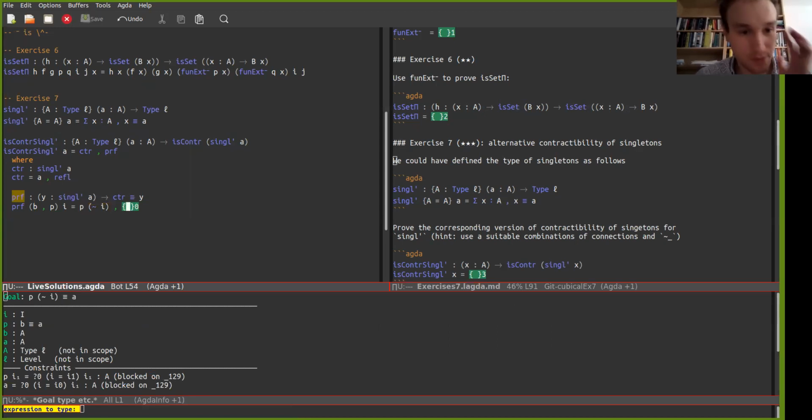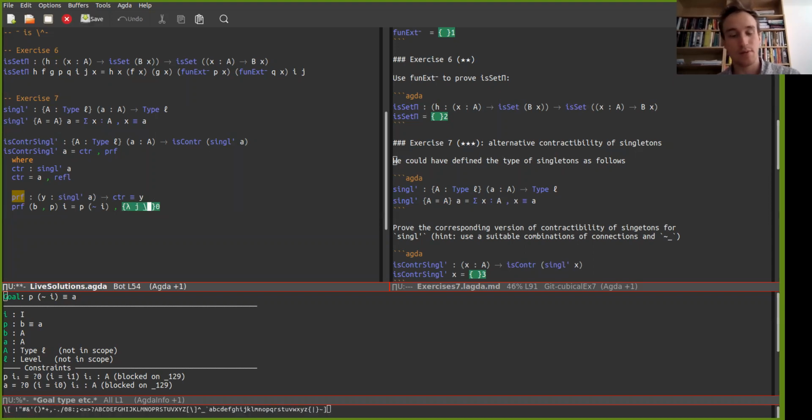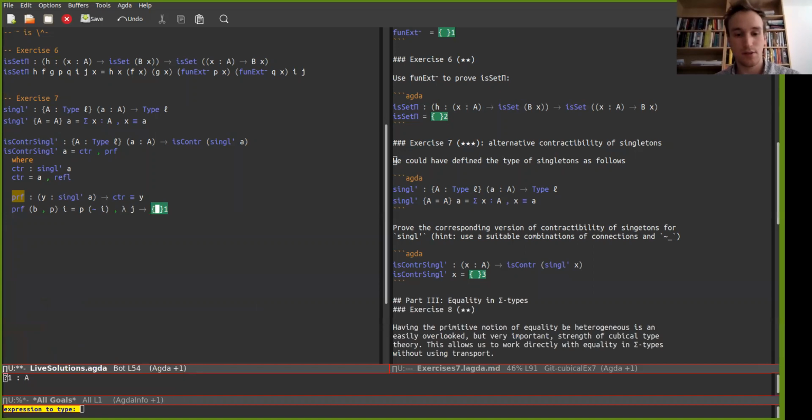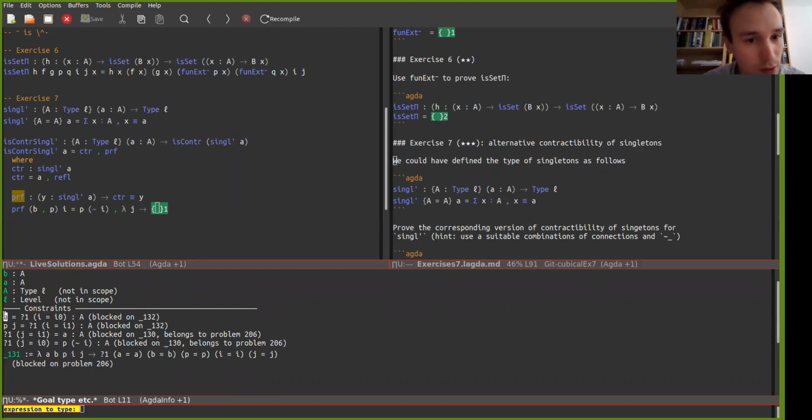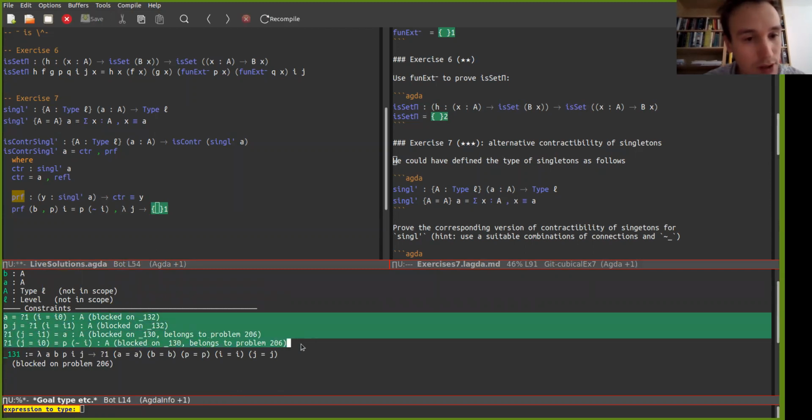Okay, and now we have to give a proof that p of not i equals A, or give a path between these elements. What I would suggest is give another interval variable, j. Okay. And now I have to give something of type A such that those 4 boundary conditions are satisfied.